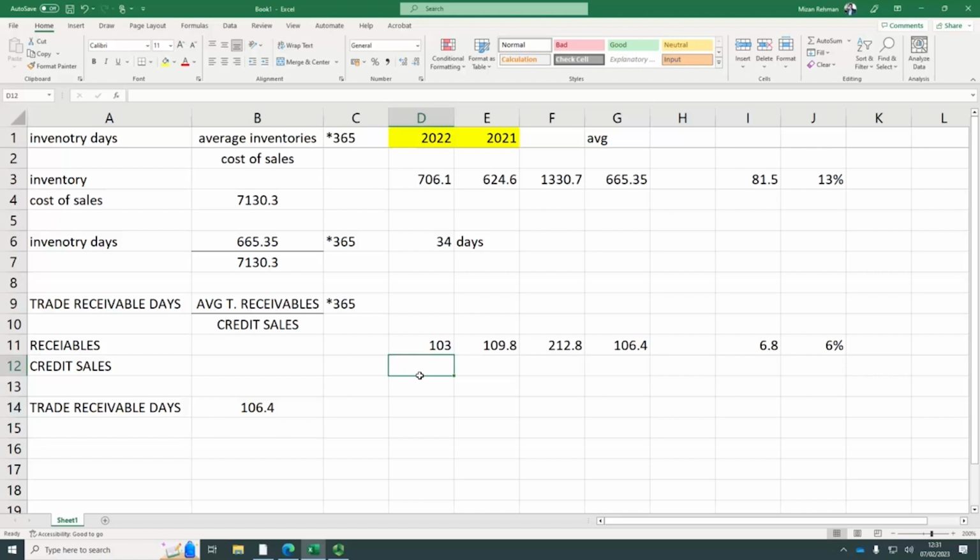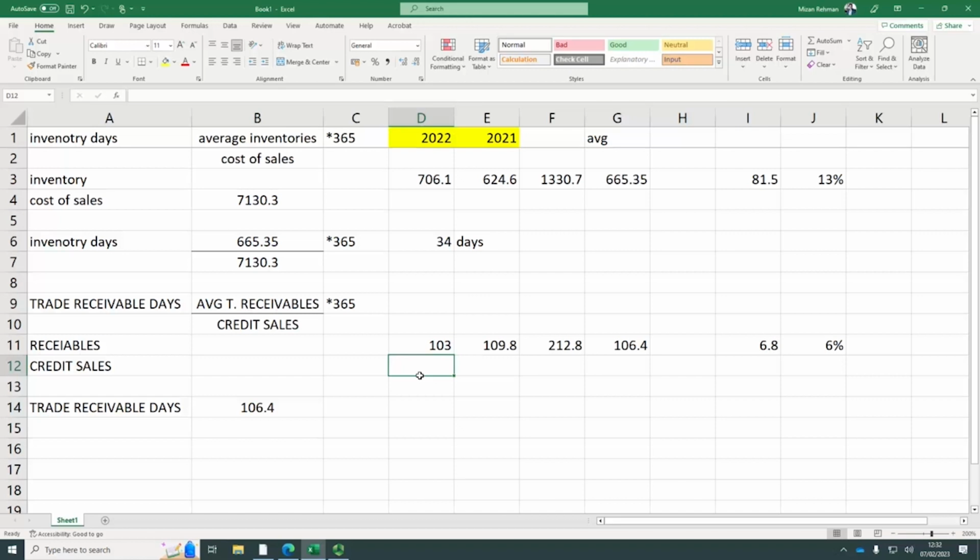Point number two, this ratio is insignificant for businesses who do not sell on credit. Okay? It's insignificant. So it's going to have very little impact on their OCC because it's so small. The third thing is, in the absence of any data, you're going to have to use the revenue figure, whatever we have, and we will use that.